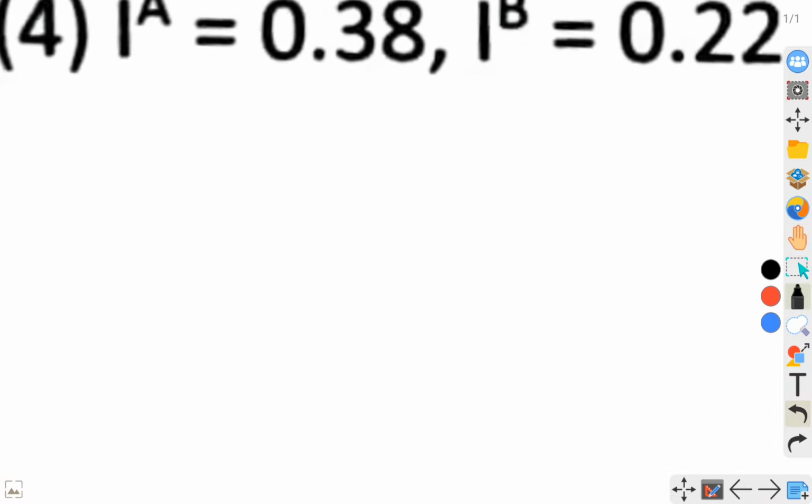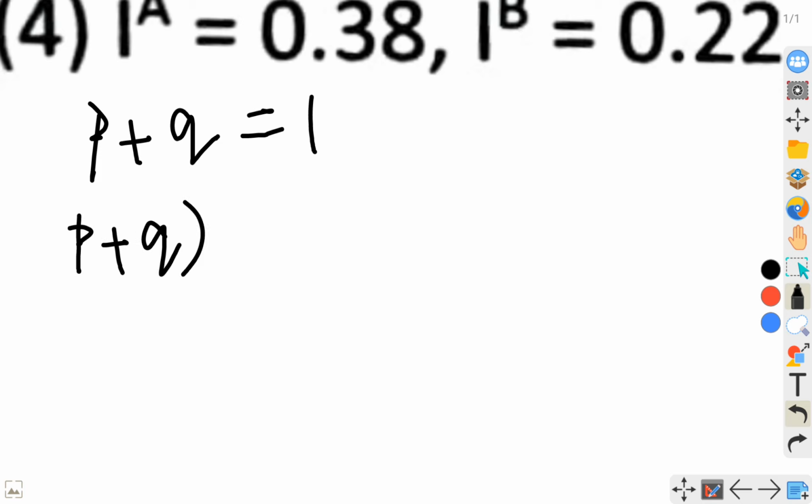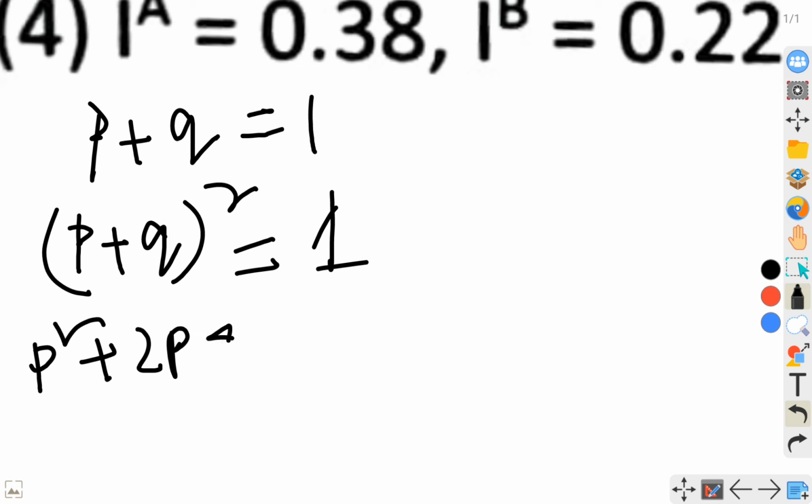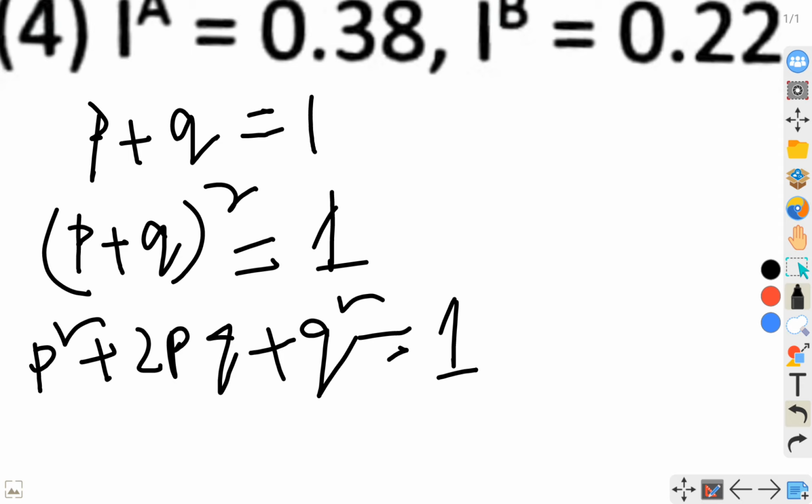As we know previously, P plus Q is equal to 1, where P is the dominant allele and Q is the recessive allele, and they are in Hardy Weinberg equilibrium. So P plus Q whole square is equal to 1. So P square plus 2PQ plus Q square is equal to 1. This is already known.